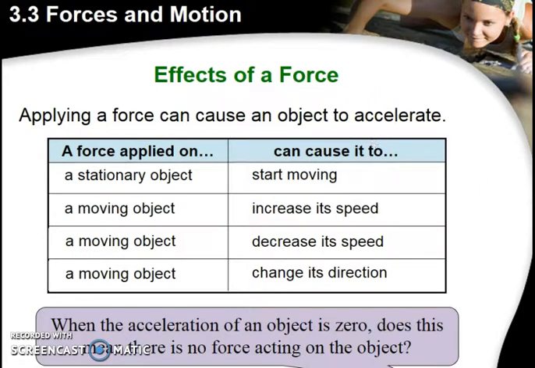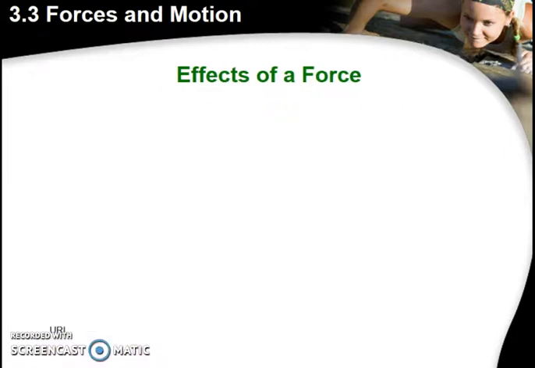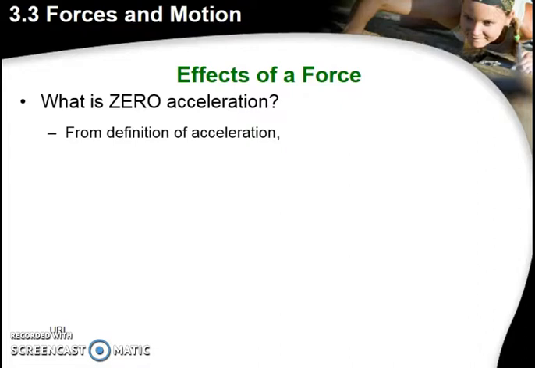So when acceleration is zero, that is, when there's no acceleration, does this mean that there is no force? Before we look at that, let's look at what zero acceleration means first. From the definition, acceleration a equals v minus u over t.